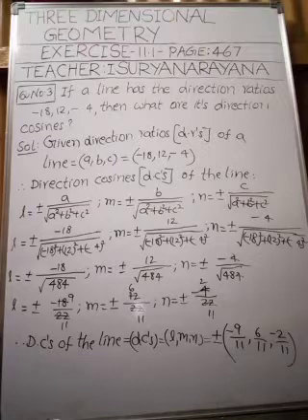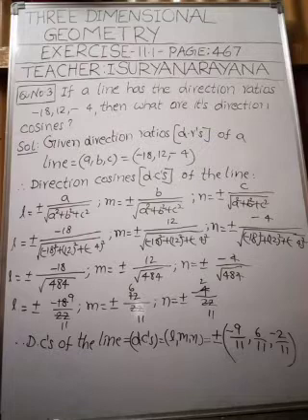Two more questions are there in this exercise, question number 4 and question number 5. Please try them yourself, my dear children. If you have any doubts, ask your doubts and get them clarified.